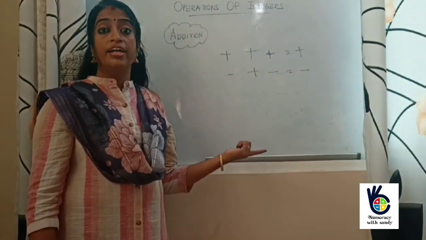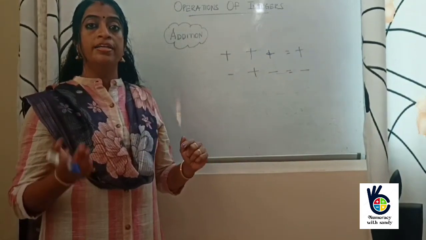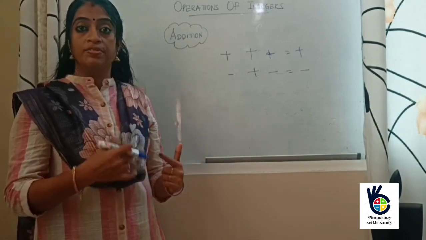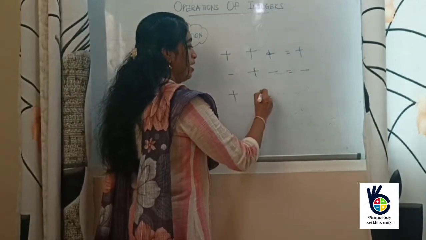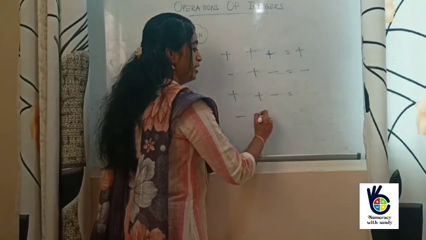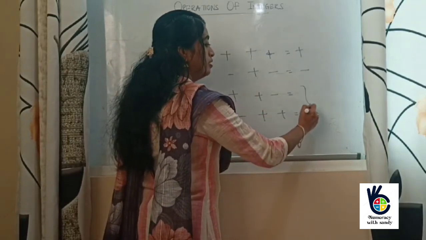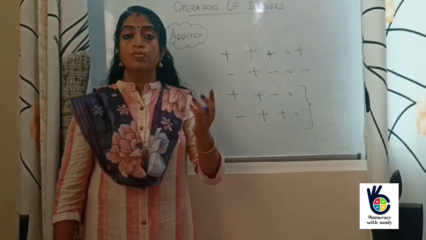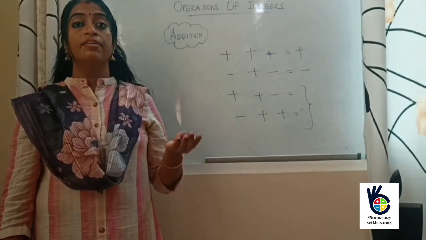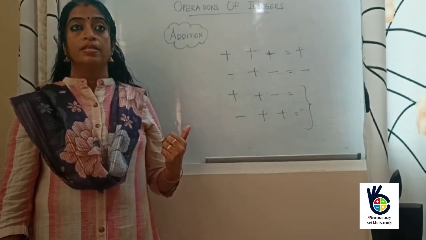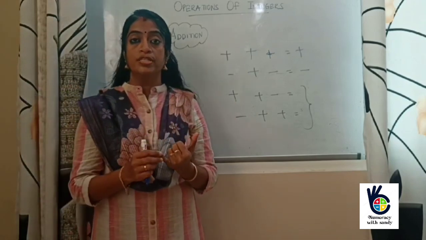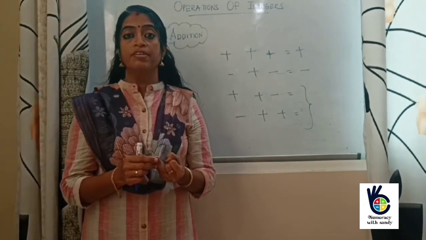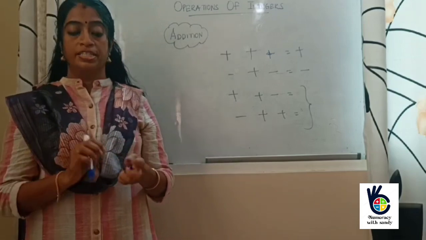When we are adding a positive integer and a negative integer, or vice versa, a negative and a positive integer, how do we find the result? Subtract smaller from the bigger one and give the sign of the bigger one.